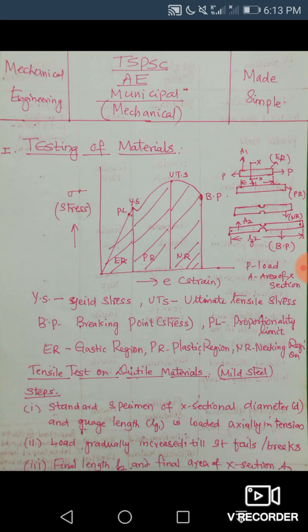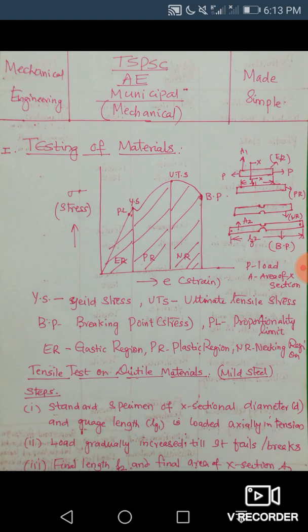On the left hand side, on the y axis the stress is plotted and on the x axis the strain is plotted. ER means elastic region, PR means plastic region, and NR means necking region. PL means proportionality limit, YS means yield stress or yield strength, UTS means ultimate tensile strength, and BP is the breaking point. You can observe that the breaking point is between the yield stress and the ultimate tensile strength.